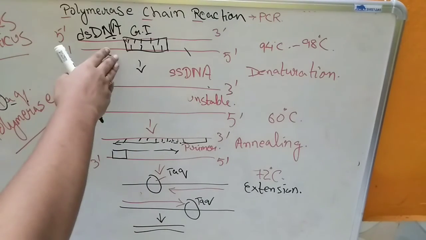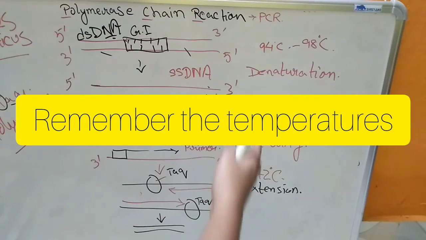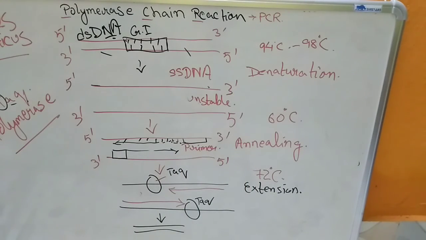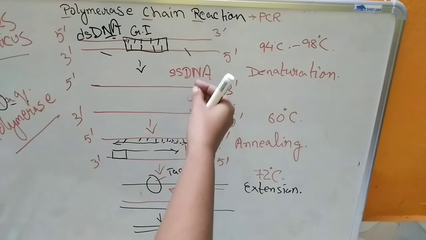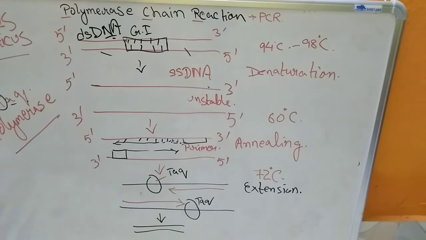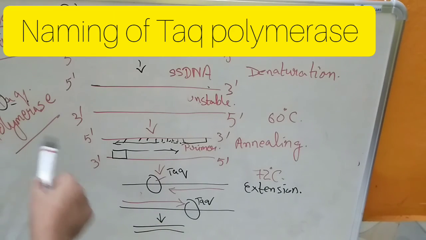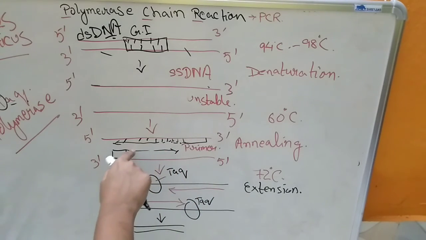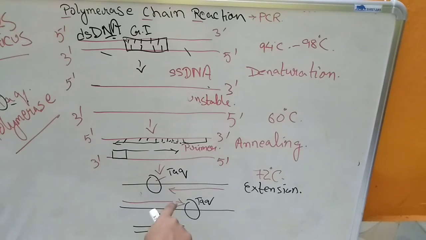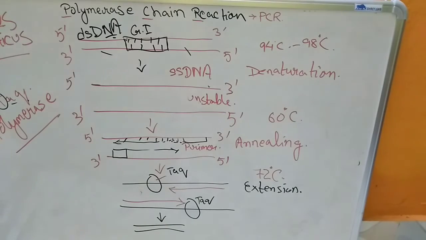The double stranded molecule is getting denatured, it is opening its two helical strands, and each strand is binding with small primers. In the second step, that is the annealing, and in the third step, by the action of this Taq polymerase, the further joining of complementary base pairs on the single strands of DNA is taking place, and as a result two new double stranded DNA molecules we are getting.